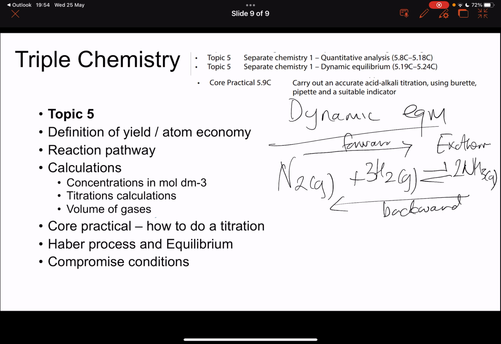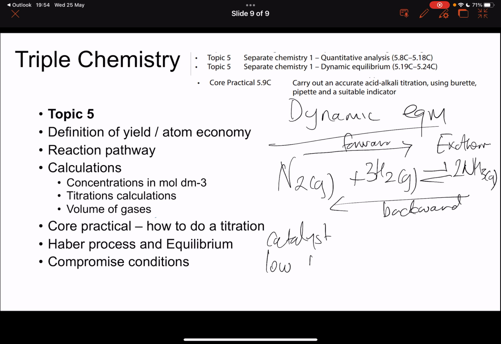In this reaction, we use a catalyst. The job of a catalyst is to speed up the rate of reaction. It speeds up the forward reaction and reverse reaction equally. Equilibrium is established quicker. There's no effect on the yield of ammonia.